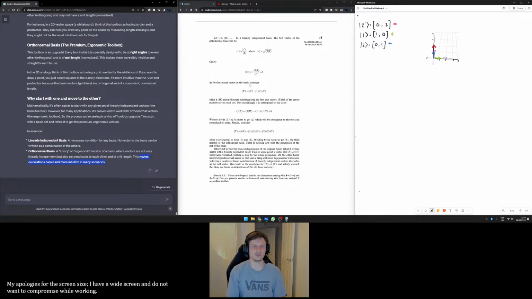Think of the arrow example as you read on. Not surprisingly, it is orthogonal to the latter. So now we've got these two new special tools, equal to the first ergonomic tool that we made.